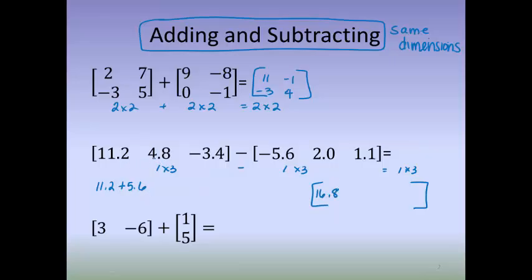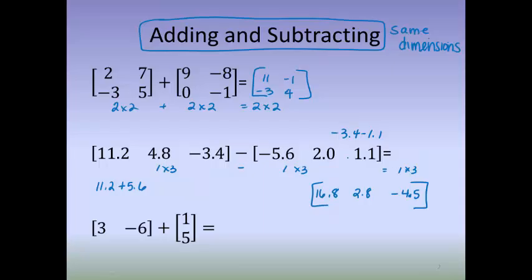In the next one, I have 4.8 minus a 2.0, which makes a 2.8. And finally, negative 3.4 minus 1.1 makes that negative 4.5. So the result is the same size as the two matrices we began with.